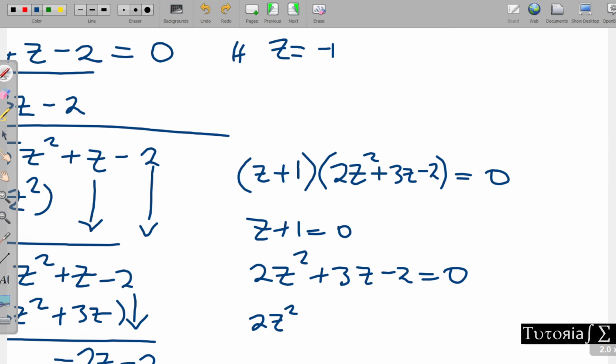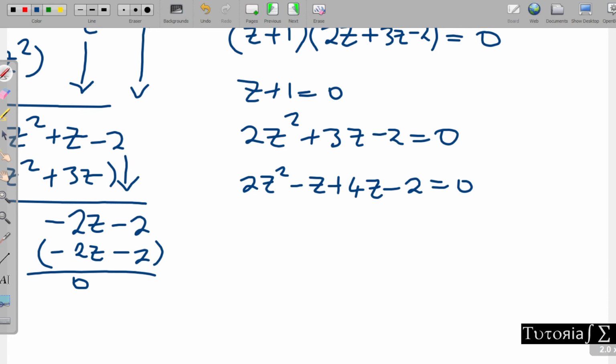So two values: negative 1 and 4. So negative z plus 4z minus 2 is equal to 0. And the key here is that when you add this and this, it should give you that, right? So that is the product and sum method, or if you want, you can use the quadratic formula to solve for z here. You still get the same answers, right?